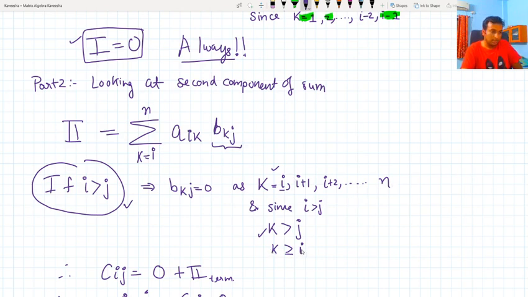So k is greater than or equal to i, and given that i is strictly greater than j, it implies that k is strictly greater than j.